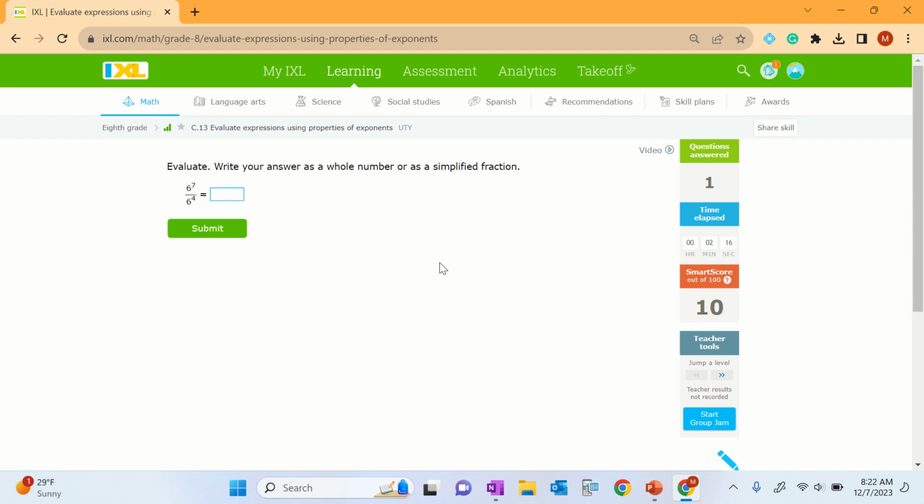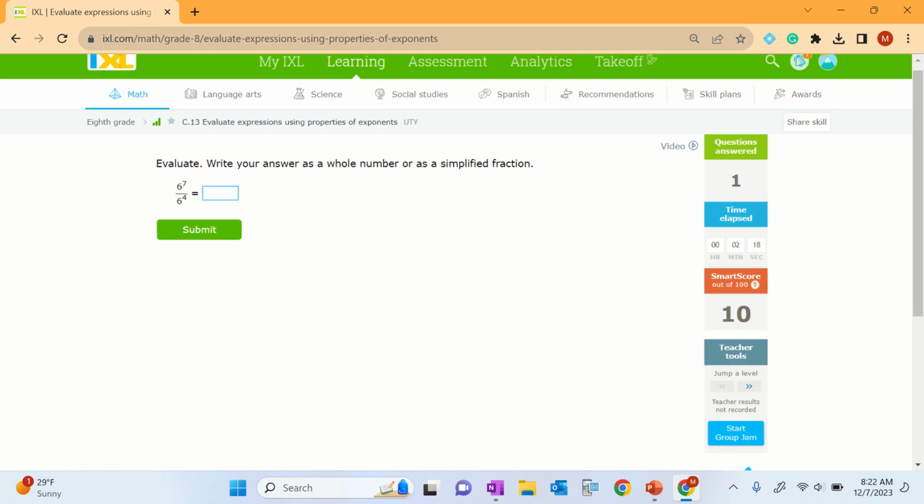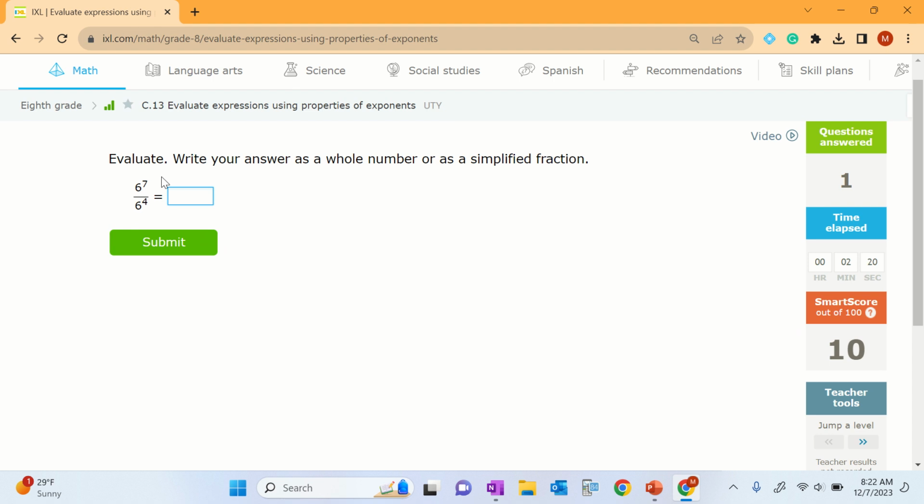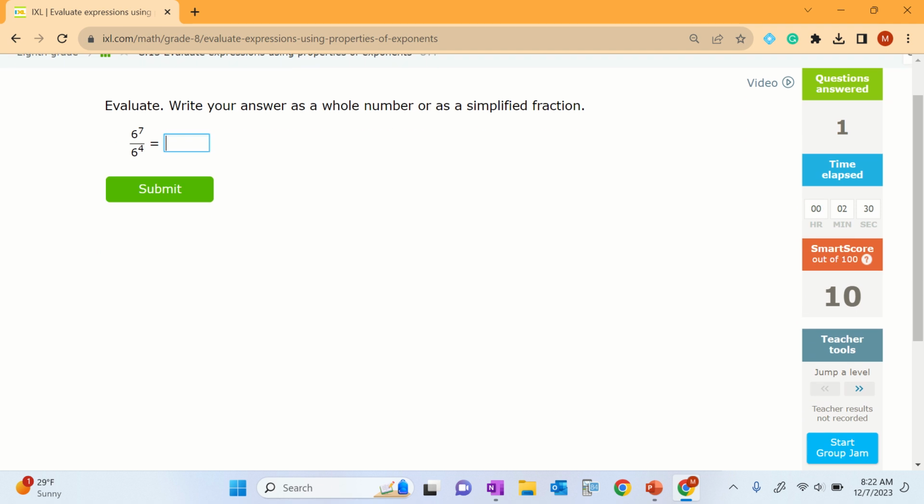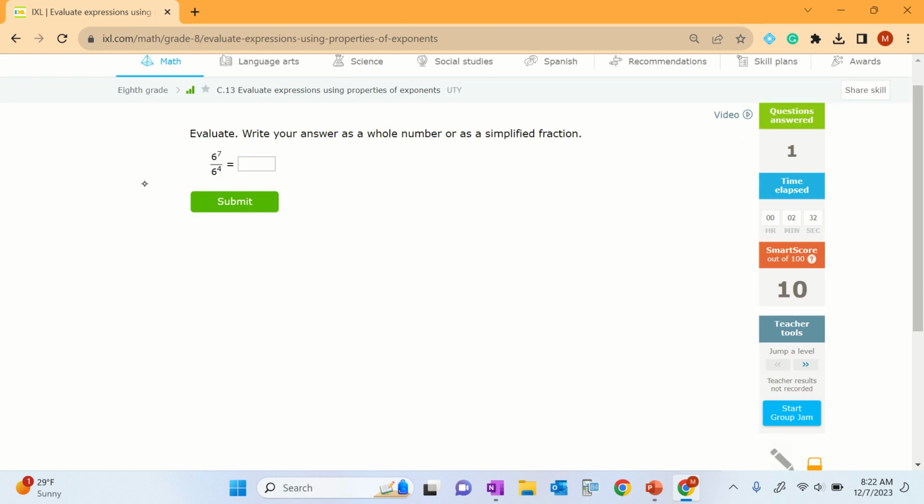Let's try this one. 6 to the power of 7 divided by 6 to the power of 4. Okay, we're dividing here with the same exponential base, so we subtract. Look for the larger exponent. The larger exponent is up here in the numerator, so that's where our 6 is going to be, in the numerator. So 6 in the numerator, and then we subtract 7 minus 4, gives us 6 to the power of 3.